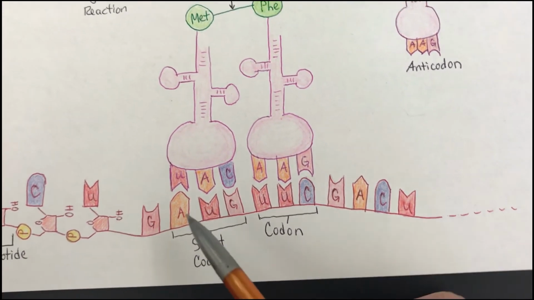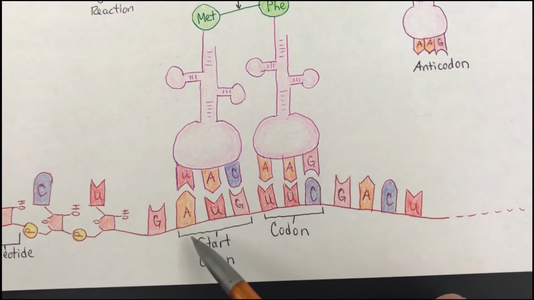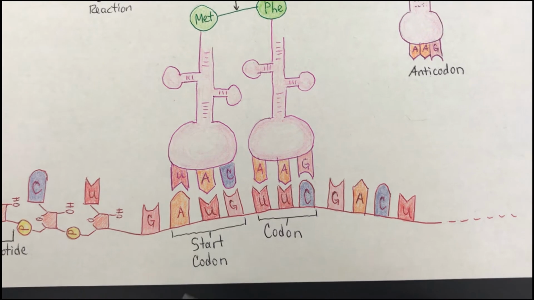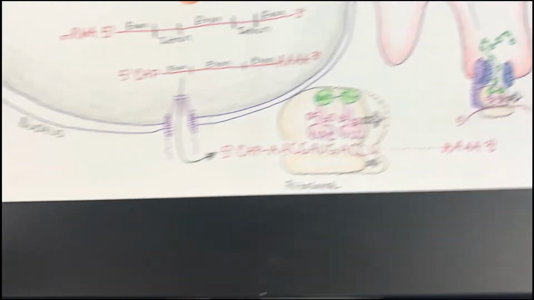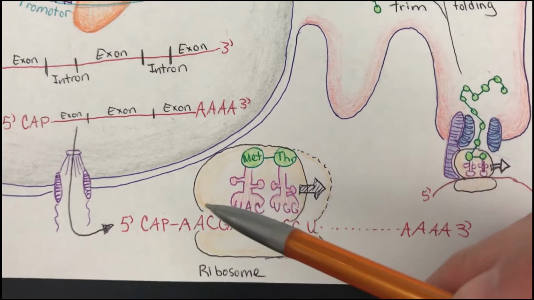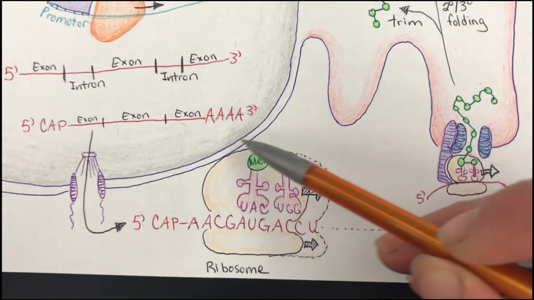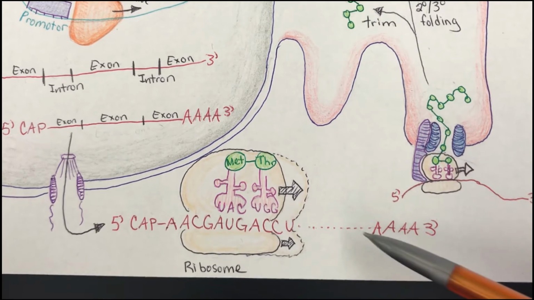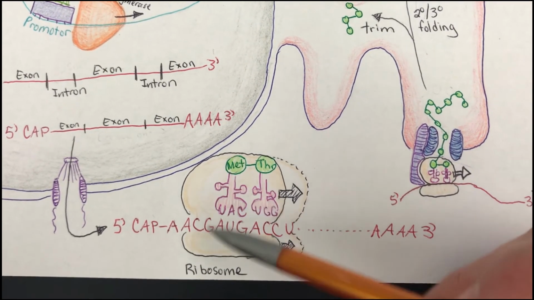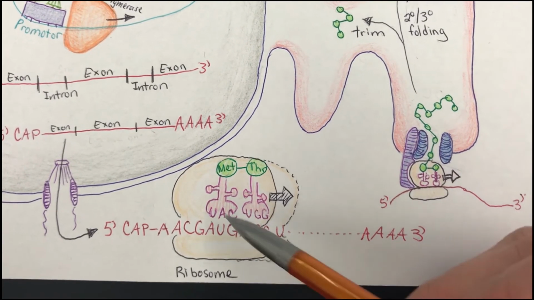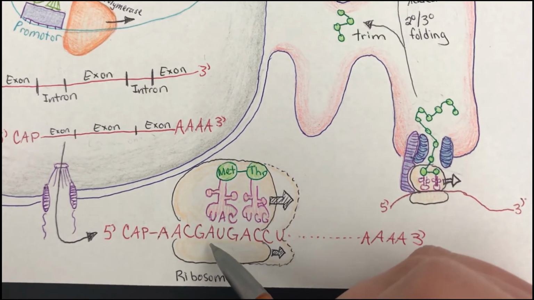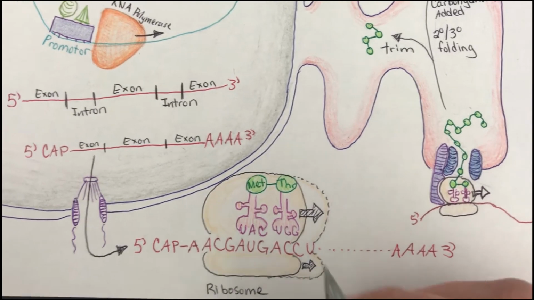Once the small ribosomal subunit locates this start codon, the large ribosomal subunit is essentially going to sandwich the mRNA in between the large and the small subunits. Next, this structure right here is going to be called based on this 3-letter codon sequence.